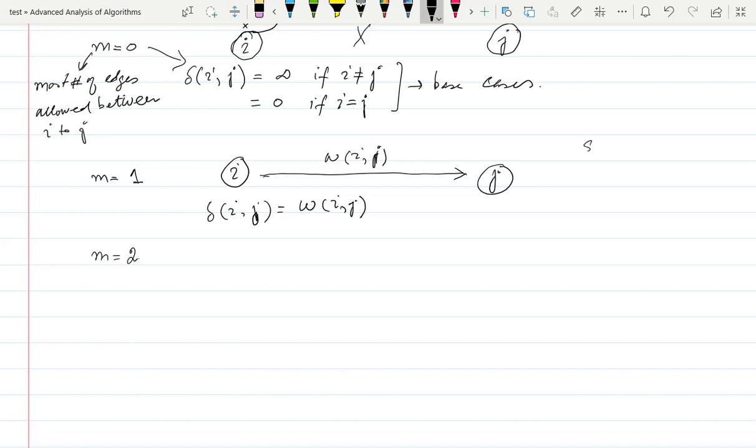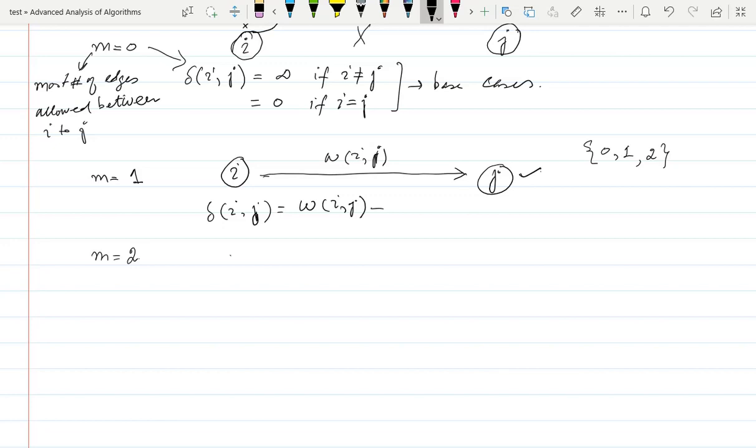If I write the allowed set, initially it was 0, then 1 allowed vertex, already found best path, and we are allowing one more edge. So in this case I have a direct edge which is taking me I to j and its weight is wij, and currently this seems to be the best shortest path between I to j.